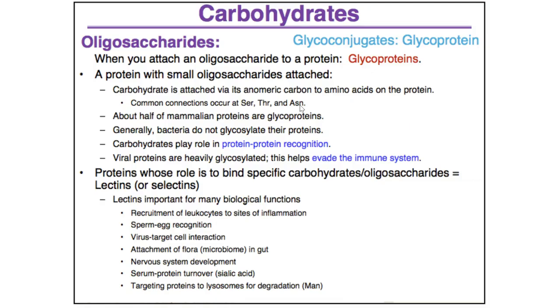Bacteria do not glycosylate their proteins. Carbohydrates play a role in protein-protein recognition, where viral proteins are heavily glycosylated, which helps evade the immune system. Some proteins bind specific carbohydrates, which are called lectins or selectins. Lectins are important for many biological functions, which are listed here.